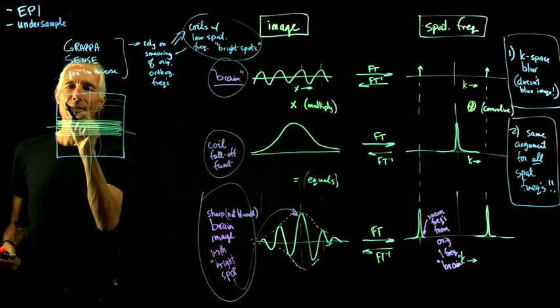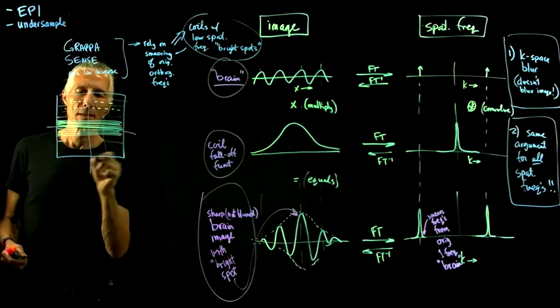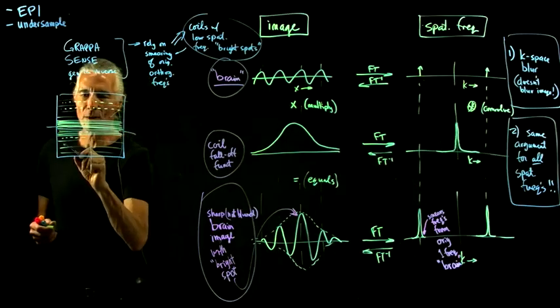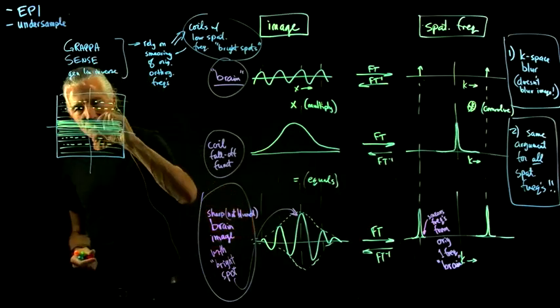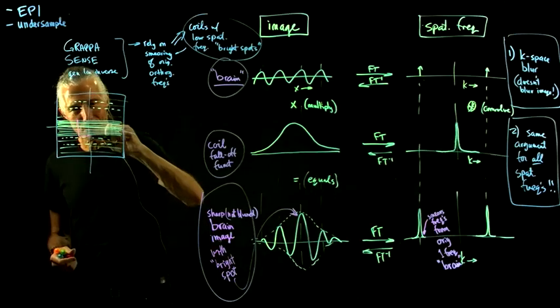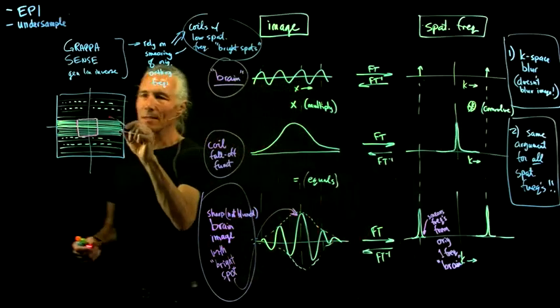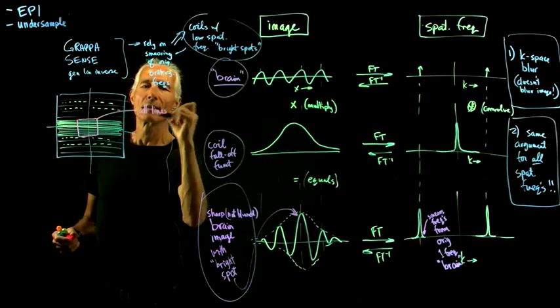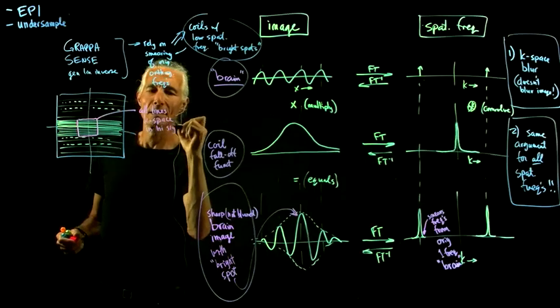You can leave the higher spatial frequency ones out here blank. Why the middle? Because that's where the money is. That's where the big signal is.